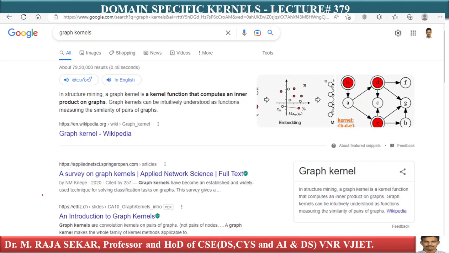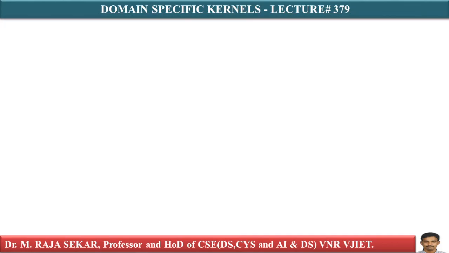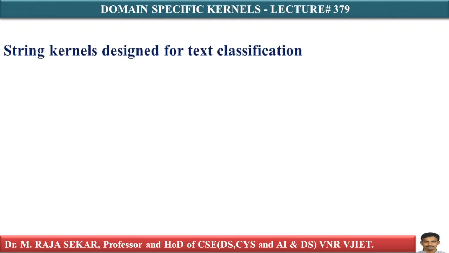Given the problem that you want to solve, for example, Amazon text classification, of course you can use RBF, but it might be better to use string kernels, because string kernels are designed for text classification. Similarly, if you are solving a problem related to genome data, of course you can use RBF, but it is better to use special genome kernels, which people in the domain area have spent a lot of energy and time in designing.